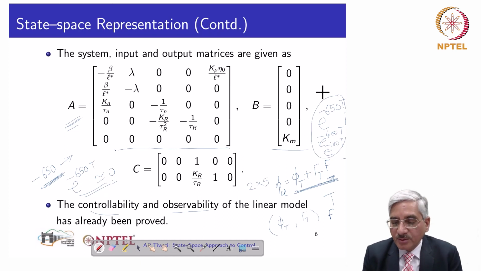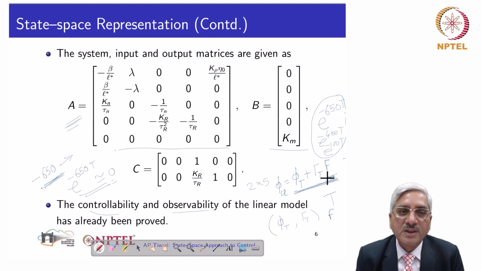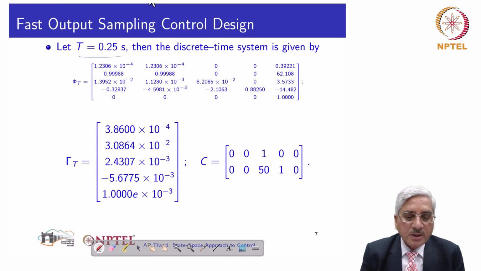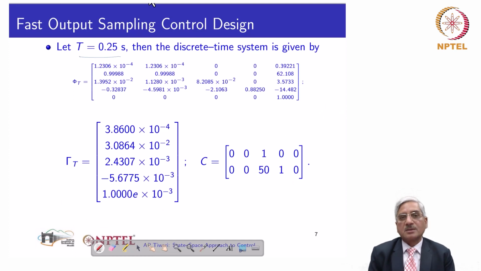So when we are going to design F, we should not face difficulty, and for that reason at the outset itself we should choose a T which is much smaller, so that minus 650 into T will be a number which is at least 1 decade smaller.